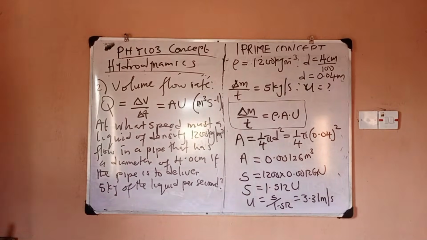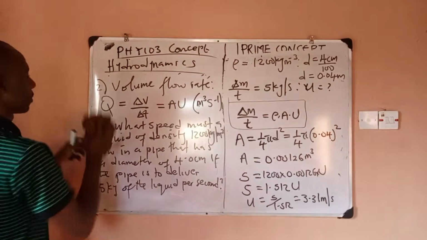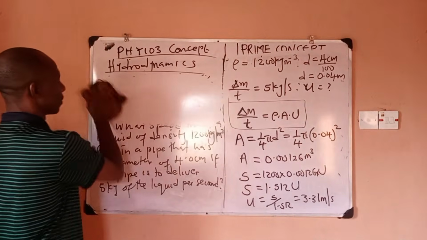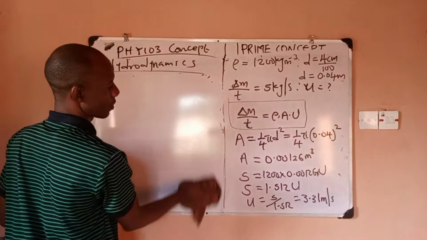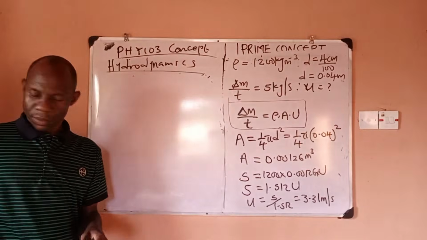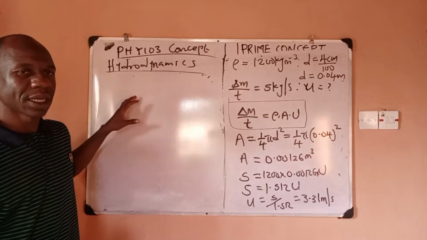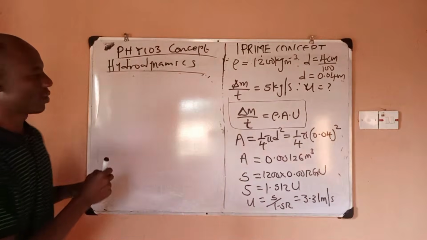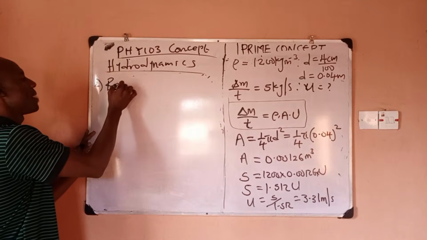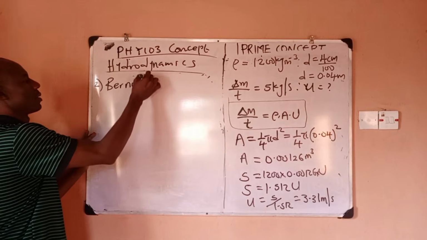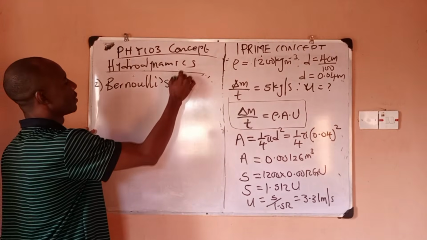Okay. So now we are done. Remember, we're looking at the laws. We have talked about continuity equation. Number 2 law we're going to look at is what you call Bernoulli's theorem.